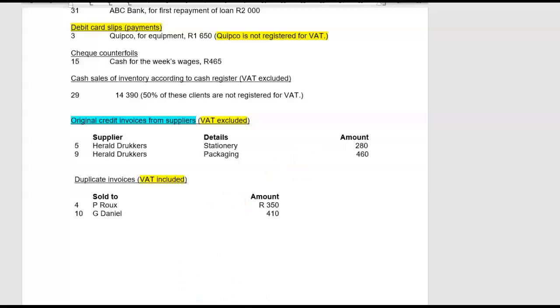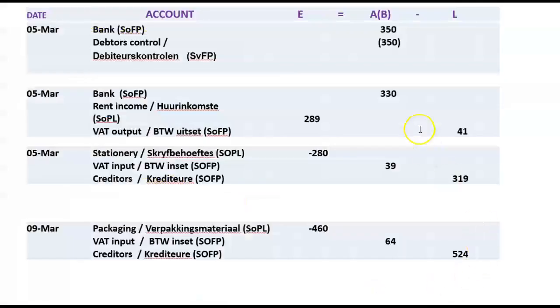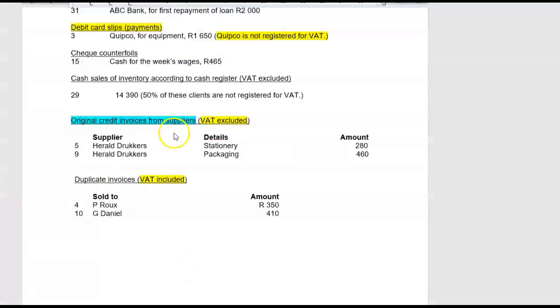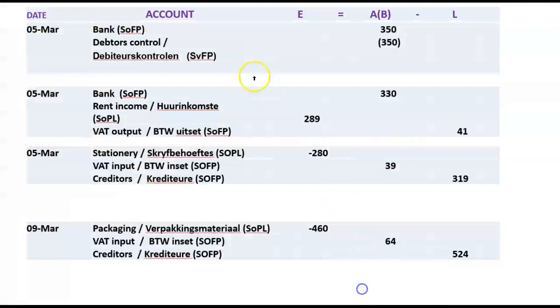If we're going to treat stationery as an expense, then our expense account is going to be debited with a VAT exclusive amount. Here they clearly tell us that these amounts exclude VAT. For that reason, the expense is going to be 280 Rand.